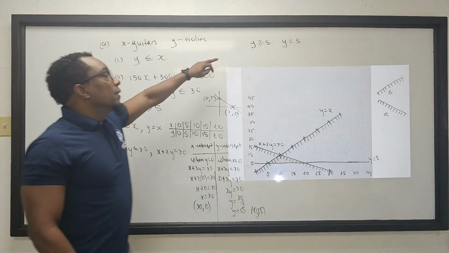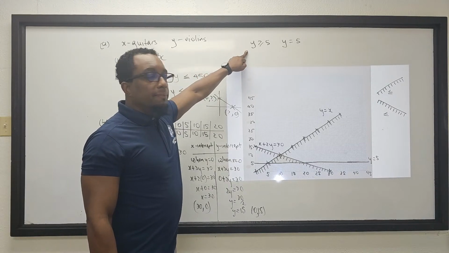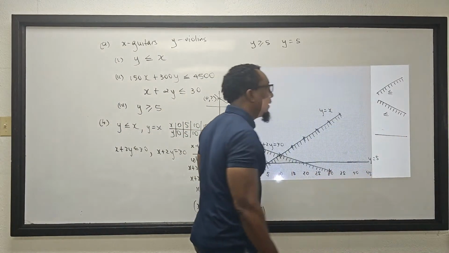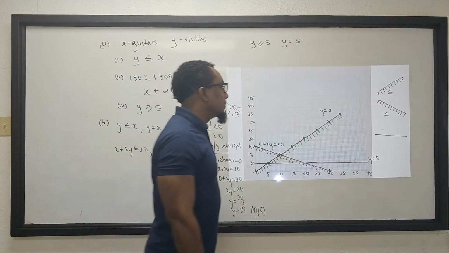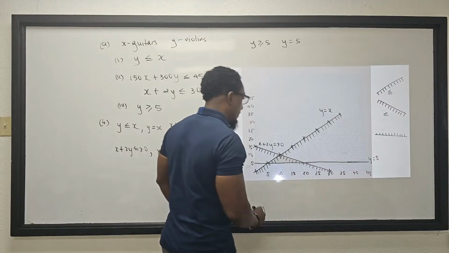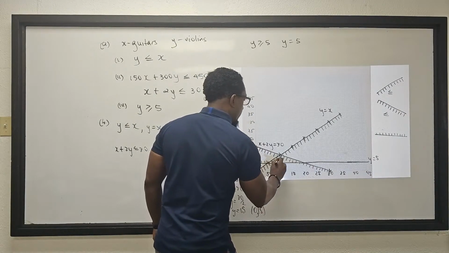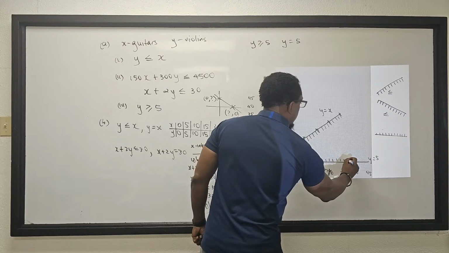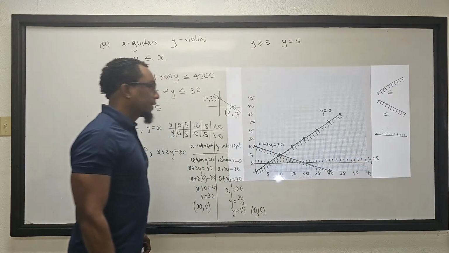And let's look at y is greater than or equal to 5. If I have the line y equal to 5, a line sloping that way, greater than or equal to means I have to shade above. So I'm going to shade above. Good?